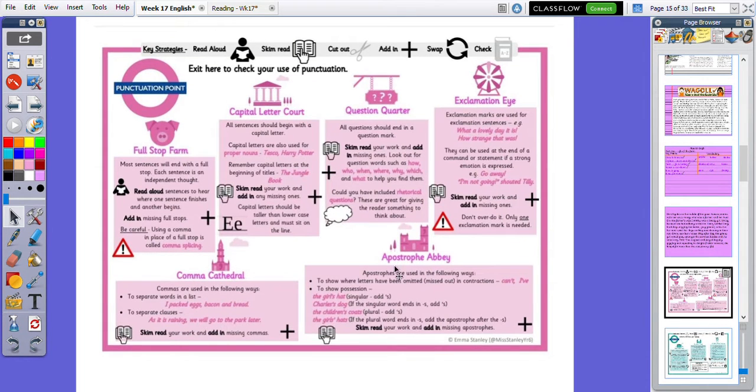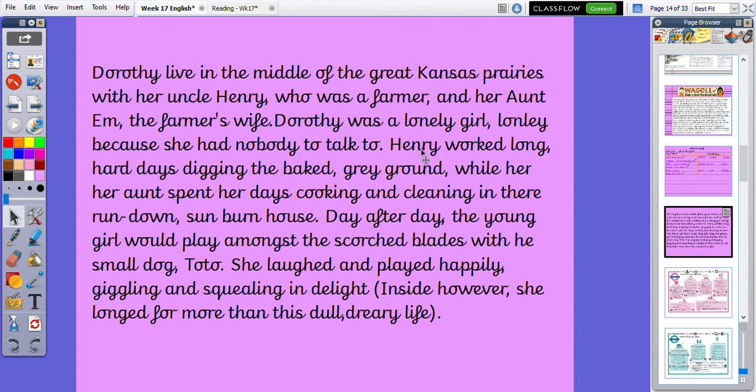So I'm going to go back to my editing station. So I've got comma cathedral this time, which I think they were all fine because I concentrated on there was a lot when I was drafting because of my sentence structure. But I will have a really quick look. So I've got my commas for parenthesis in the right place, another one there in the correct place. I've got my comma for my add same add sentence.